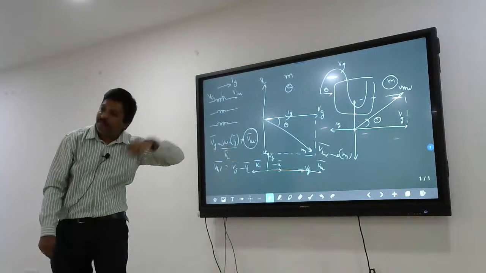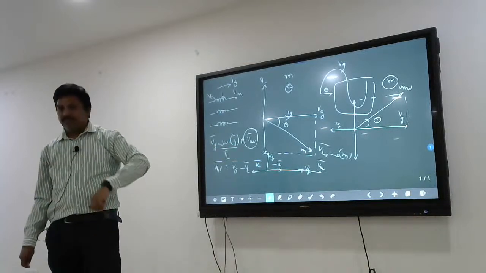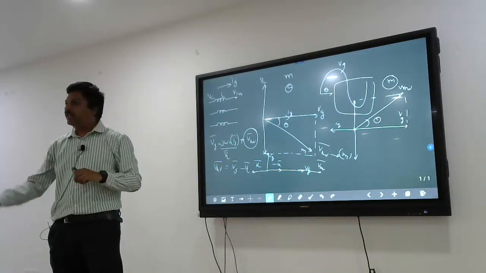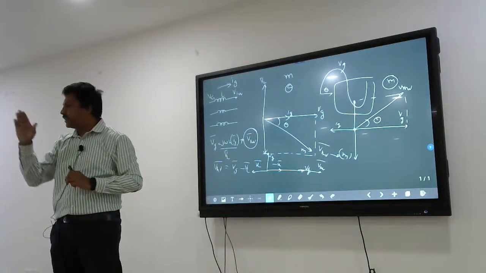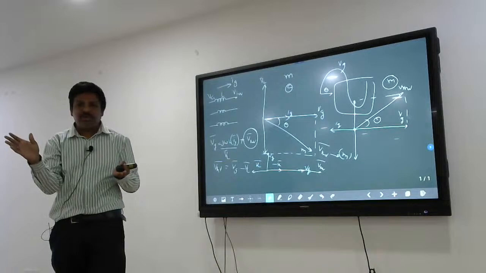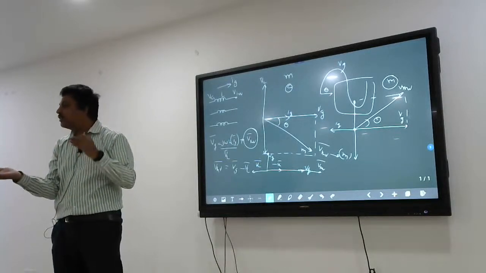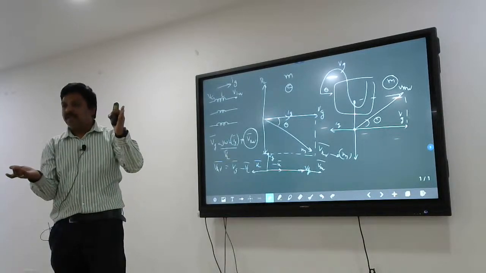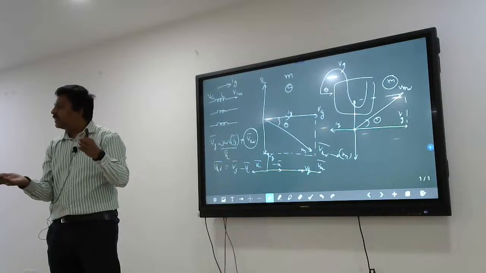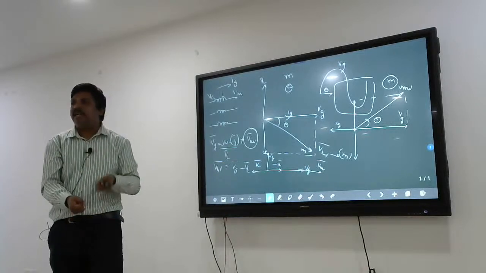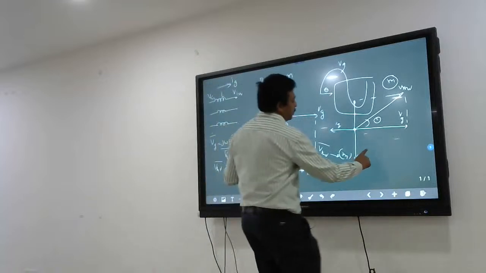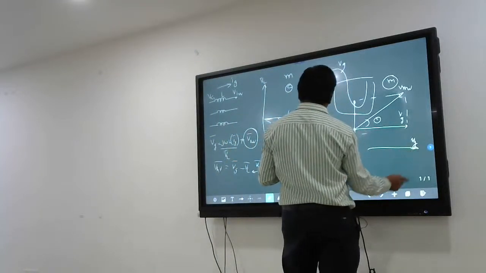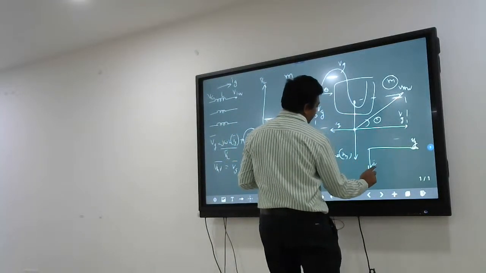Similarly, you can take reactive power from the grid also. For example, assuming you get a higher voltage because there are no loads, we know the Ferranti effect: with higher voltages at the bus, you can draw reactive power and decrease the voltage. How? A simple vector diagram. This is VG and IG like this.